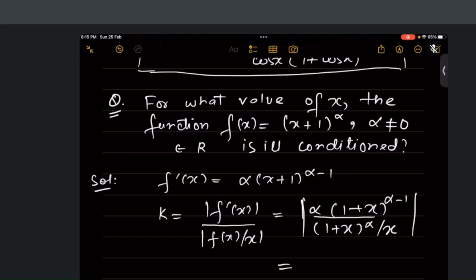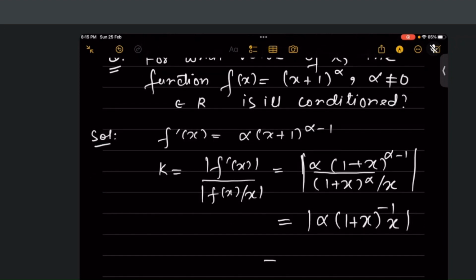It will be subtracted from this, right? It will be alpha into 1 plus x to the power minus 1, and this x will come up. Now you can write this as modulus of alpha into modulus of x upon modulus of 1 plus x.